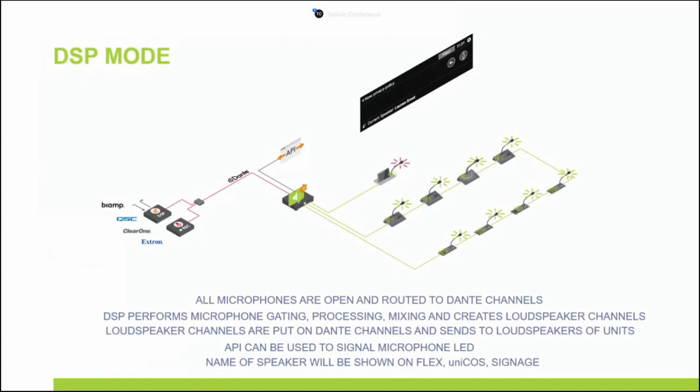Moreover, if you assign the units with certain names or use badges to identify persons, whenever you have activated a microphone, everything that has to do with displaying the name, whether it's on a Flex station, on a Unicast station, or on a signage application, you will still see who is speaking.